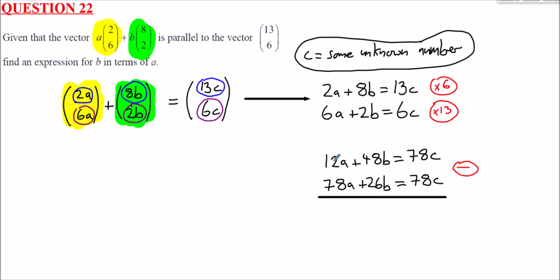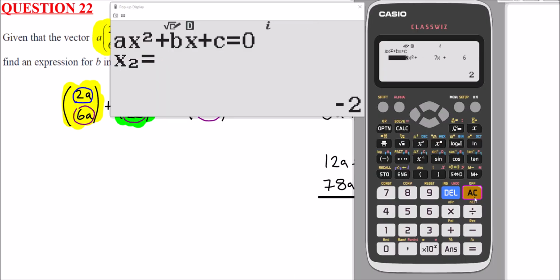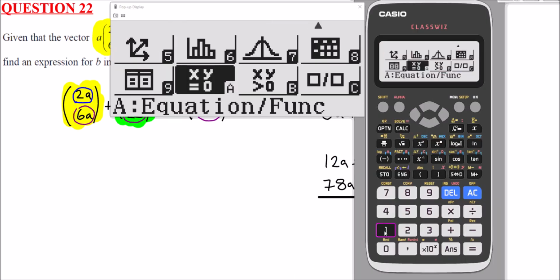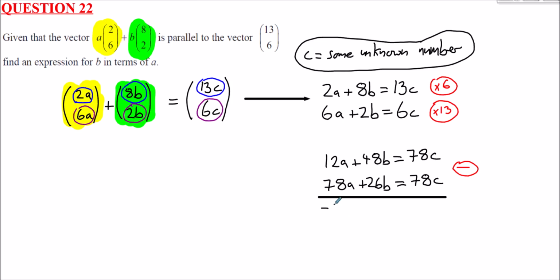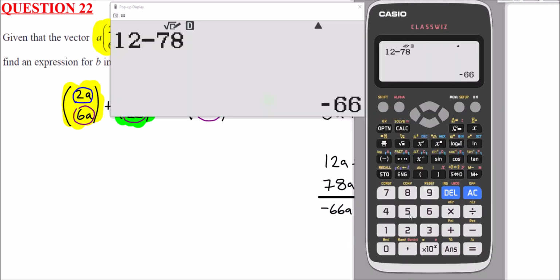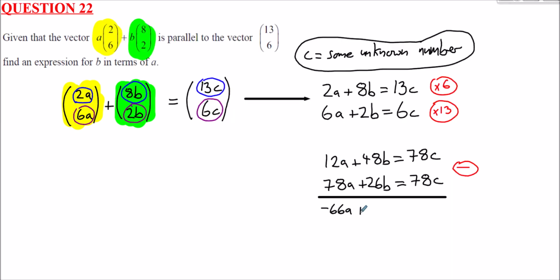So 12A minus 78A, if in doubt use your calculator. I think it's probably safe when dealing with negative numbers. So 12 minus 78 is minus 66. So minus 66A. 48 minus 26 is 22.